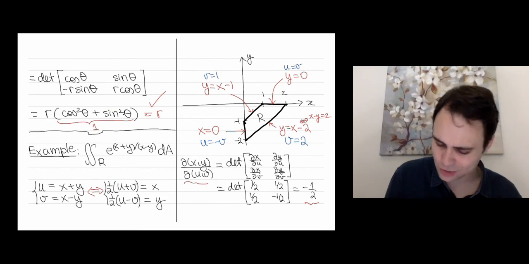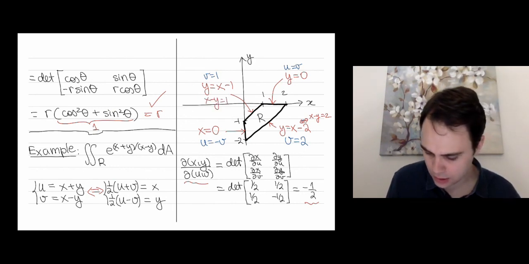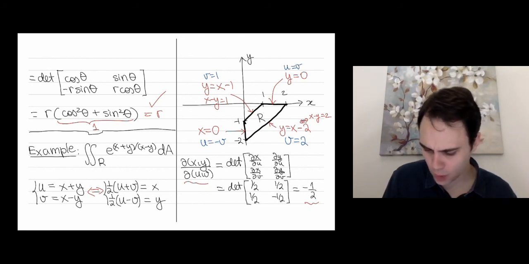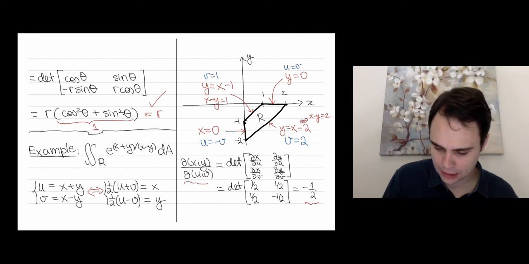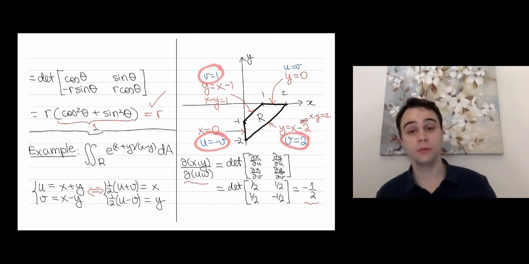Here in red, it would have been better if I had written x minus y equals 1, x minus y equals 2, and the other two were also okay, nicely expressed in terms of u and v.